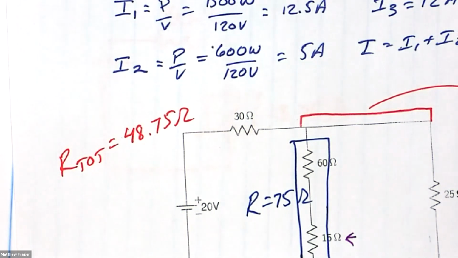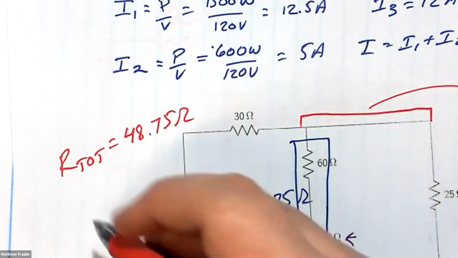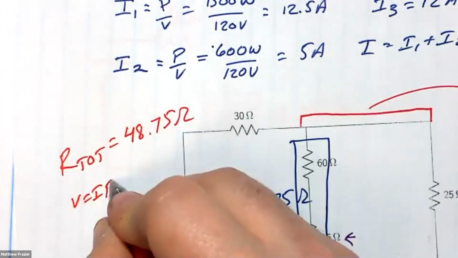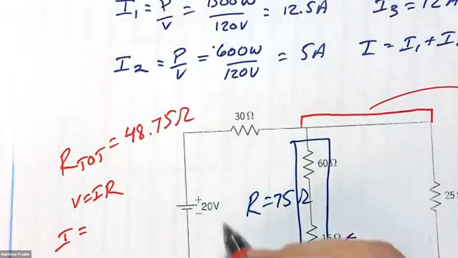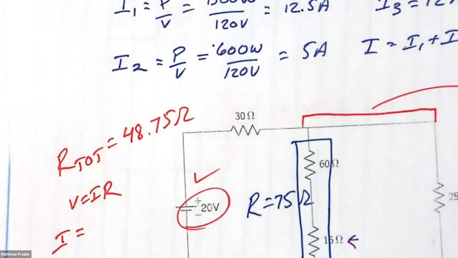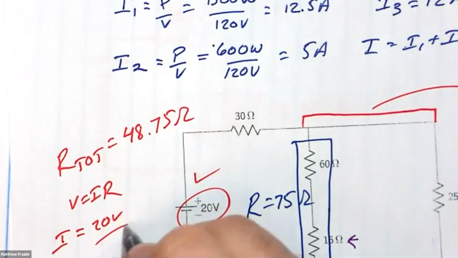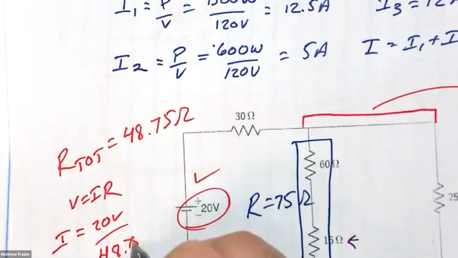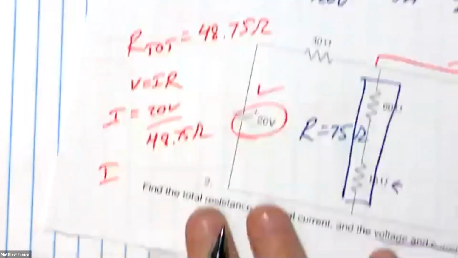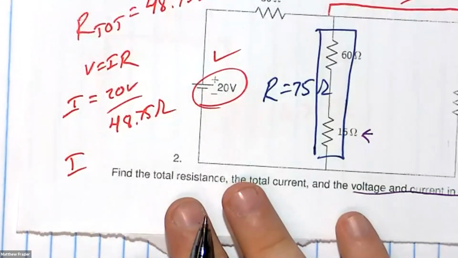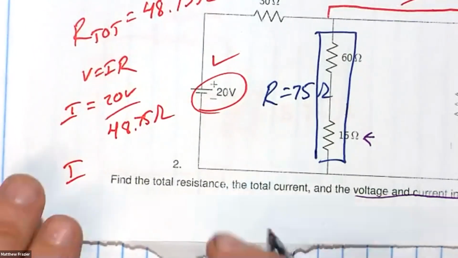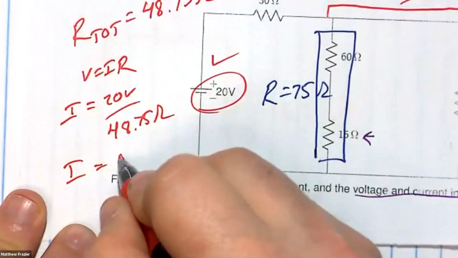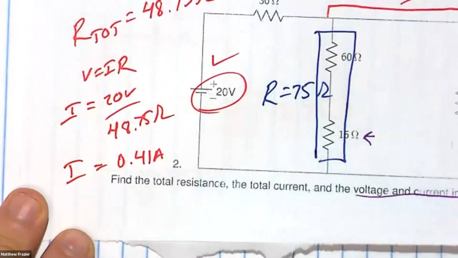So we have a total resistance. Now we apply Ohm's law to find the total current. I is our voltage, 20 volts, over 48.75 ohms, and I is 0.41 amps.